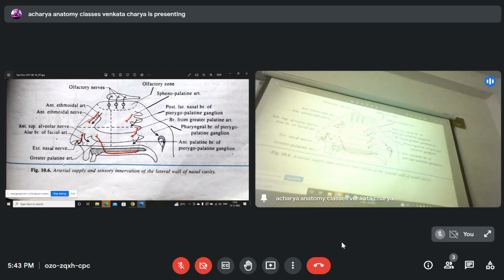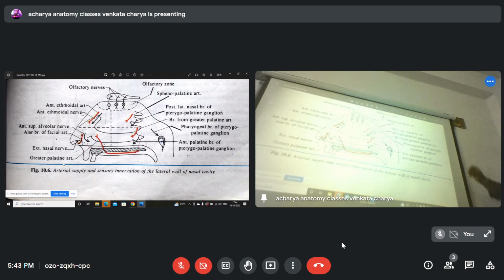Posterior superior quadrant supplied by the sphenopalatine artery.